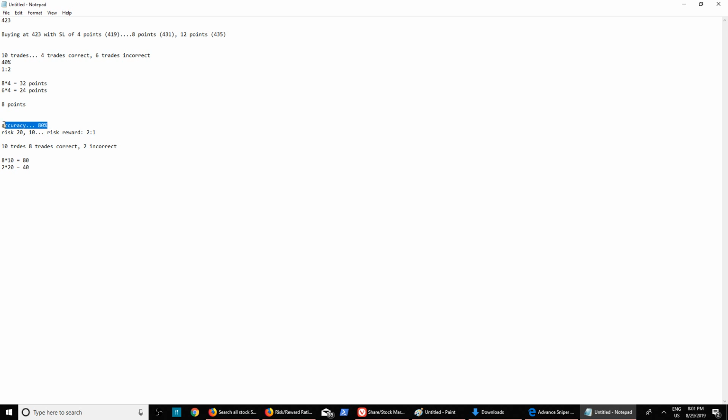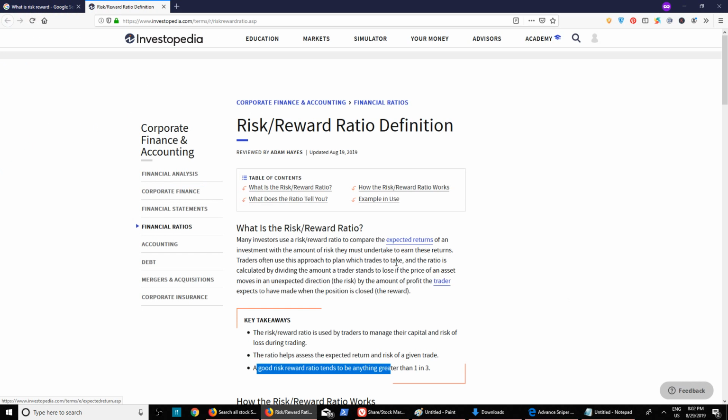At least 80% accuracy has to be there, based on the risk you are taking. If you are taking more risk, then of course your accuracy has to be more, because you will get rewarded most of the time because of the accuracy, and that's how you will succeed.